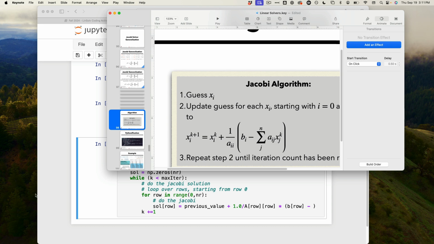So now, what is this thing? Sum Aij xj, k. You have fixed i over here. So i is fixed, and you're only summing over j. j is the column. So what you're doing here, you're taking all the entries in row i and multiplying them by all the entries in the guess.